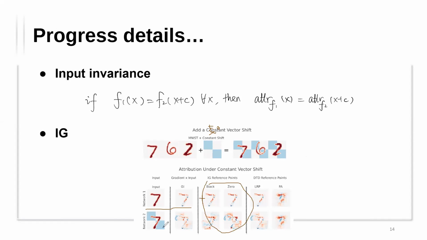So when they add a constant shift to the input, the outcome of integrated gradient then becomes different. So by doing this experiment, they prove that integrated gradient does not conform to the input invariance property.